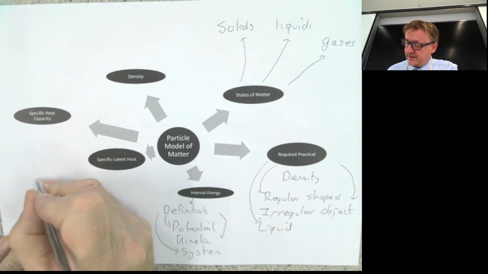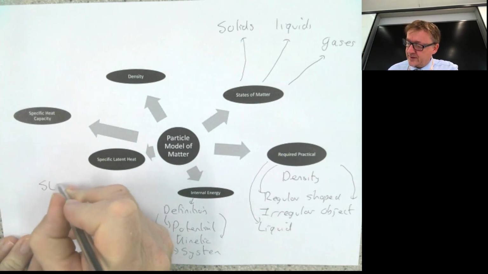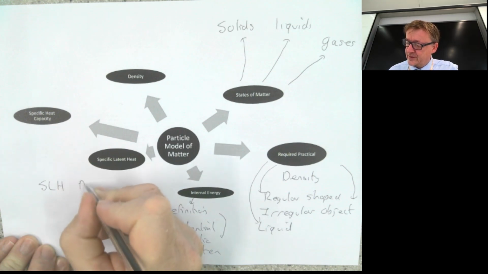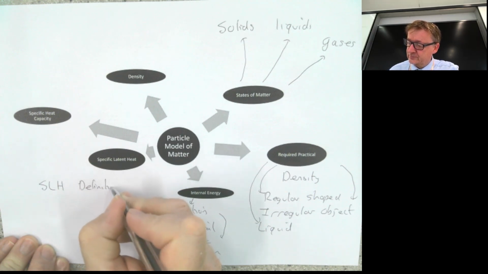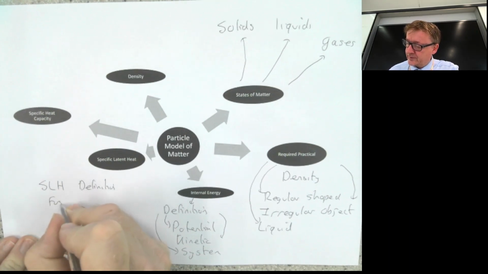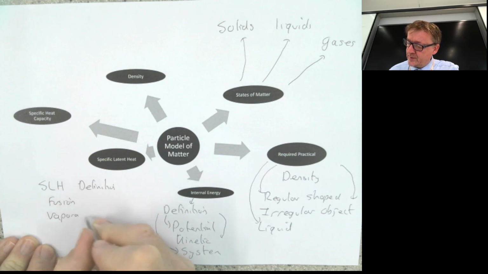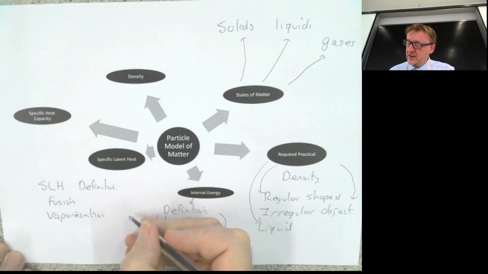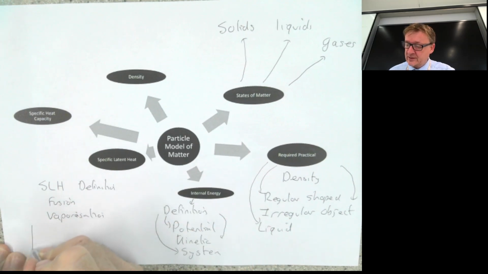Specific latent heat. I'm just going to write it down as specific latent heat definition. You need to know the specific latent heat of fusion, vaporization. You need to know about heating and cooling graphs. So what they do is they look a bit like this.